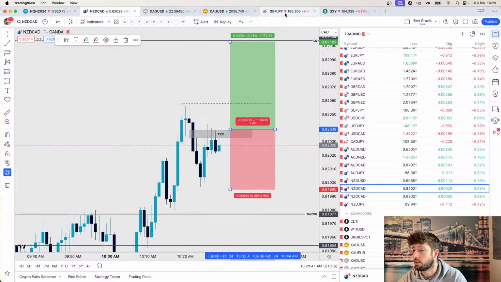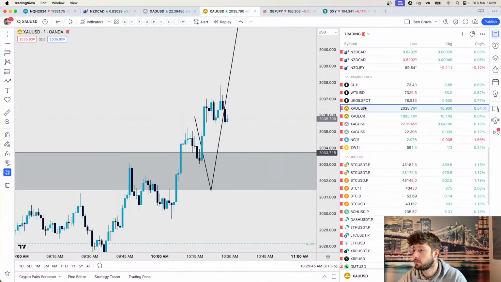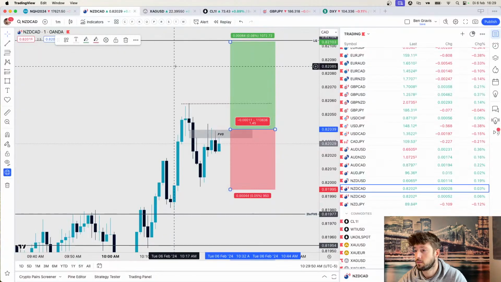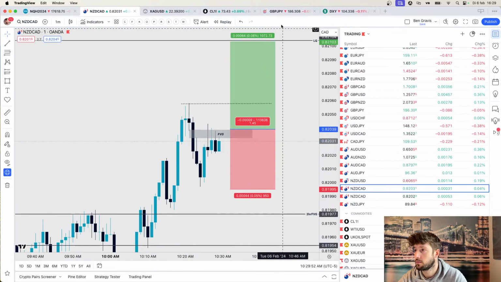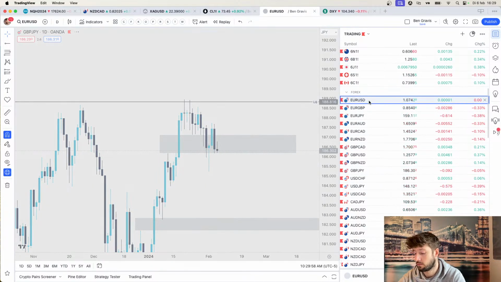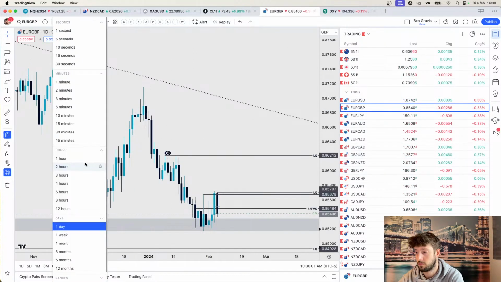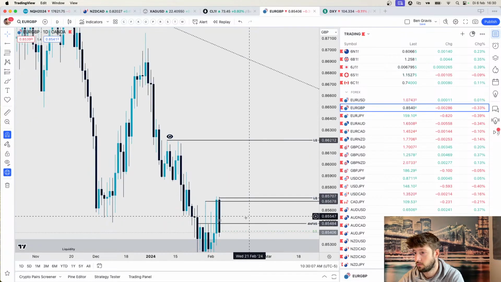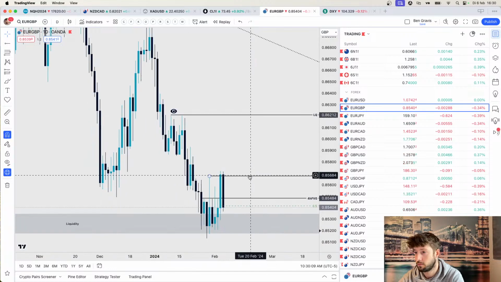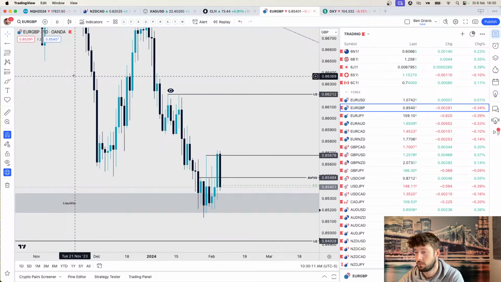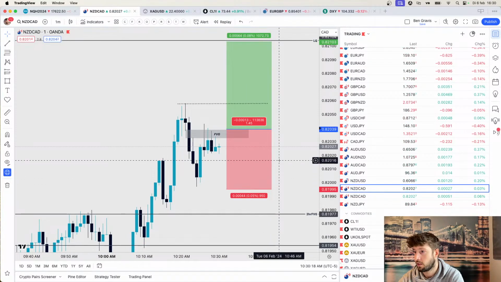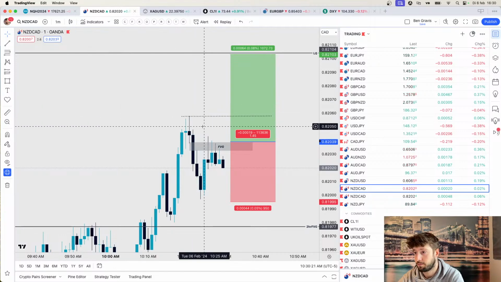You gotta wait for a close above. Might just scalp it, but we need to wait.